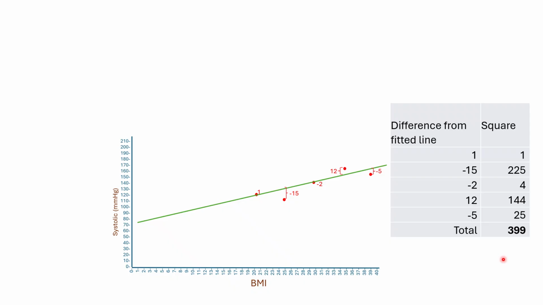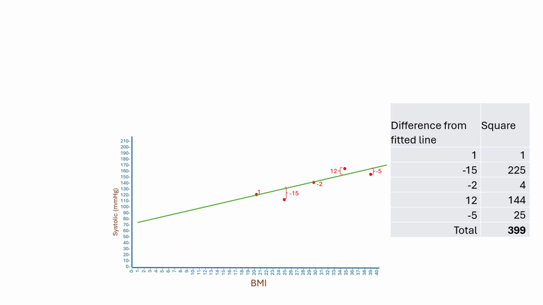So 399 is the lowest value, and so we conclude that of these three lines, this is the best fitting line, because it has the least square distance from the observed values.